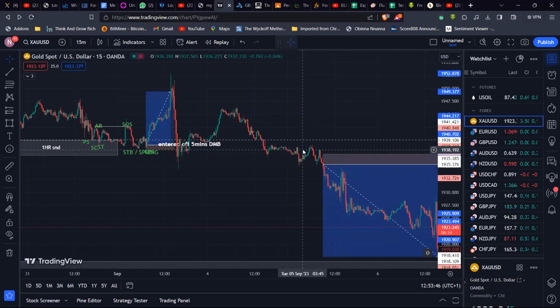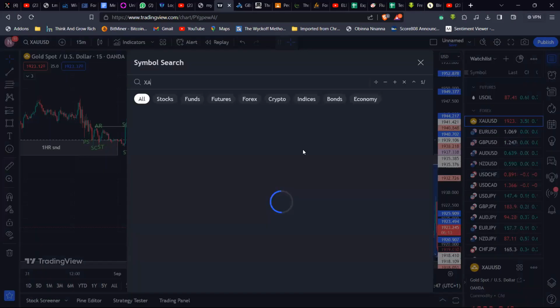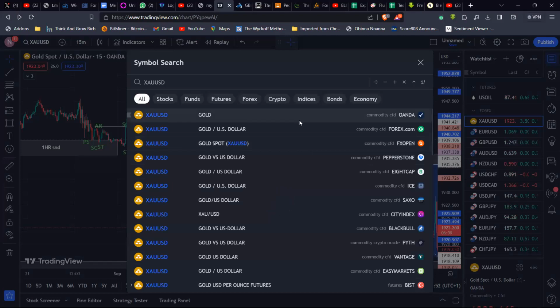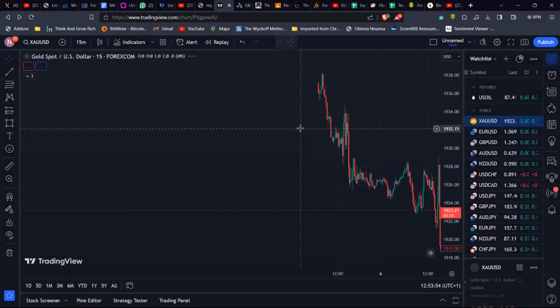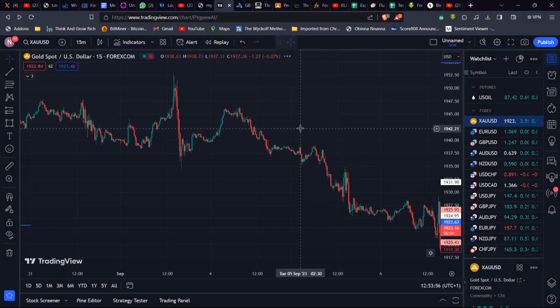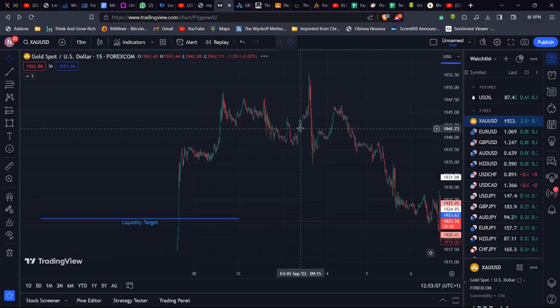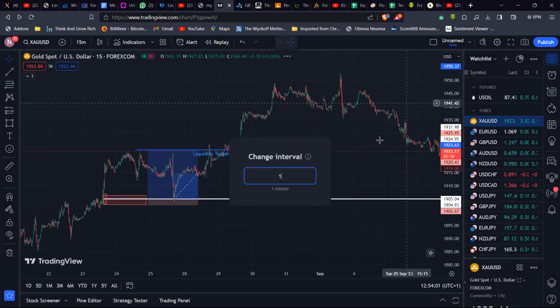Okay, I'm just going to use a fresh chart because this one has too many markings. Is this a fresh chart? I think it's the same one.